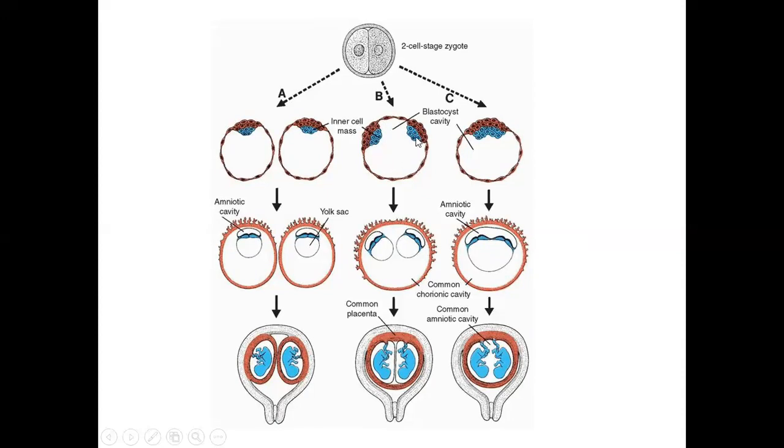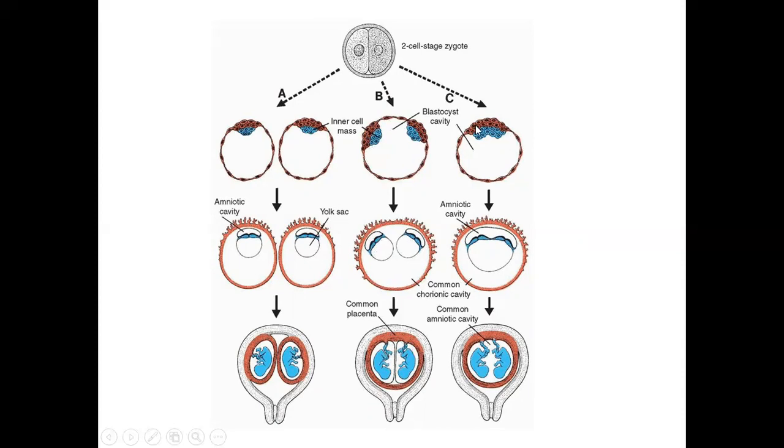Because the embryoblast is being divided, there will be two amniotic cavities, but since the trophoblast was the same, a common chorionic cavity. So monochorionic and diamniotic monozygotic twins, right?